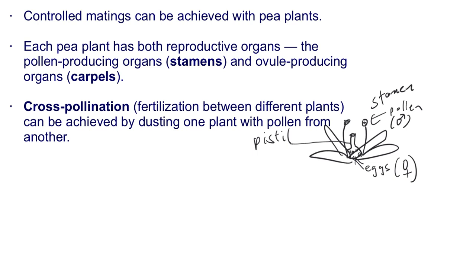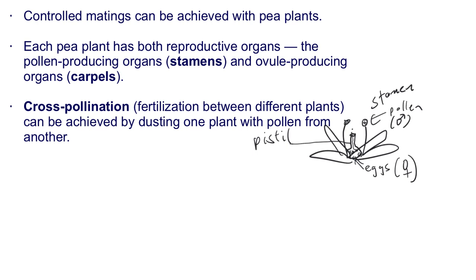Okay, the point is, when a pollen grain gets stuck on the tip of the pistil, it will grow a tube down through the neck of the pistil until it finds an egg, and then it will fertilize that egg, and that egg will become an embryo, and it'll be protected in a seed coat eventually.